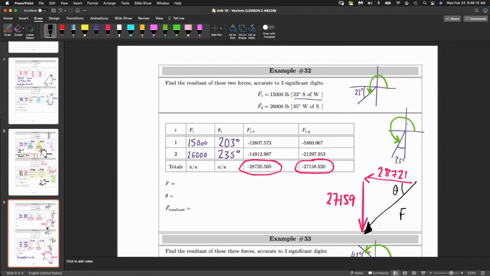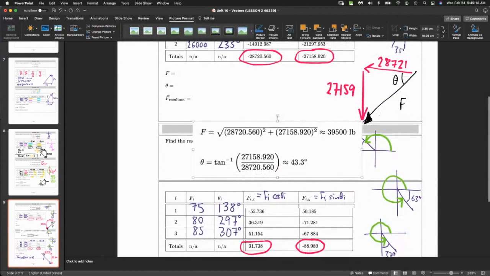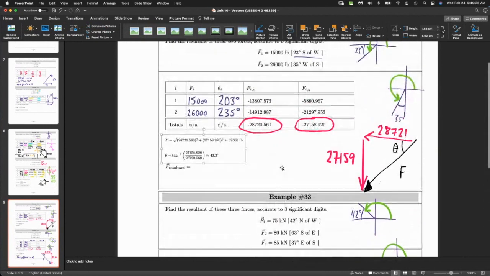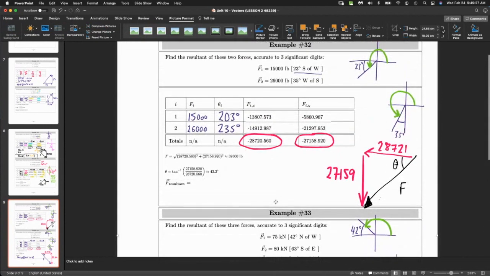So using the Pythagorean theorem and the inverse tangent, we find that F and theta are as follows. And that allows us to complete the question because we have the magnitude and we have a means for identifying the direction of the resultant vector.